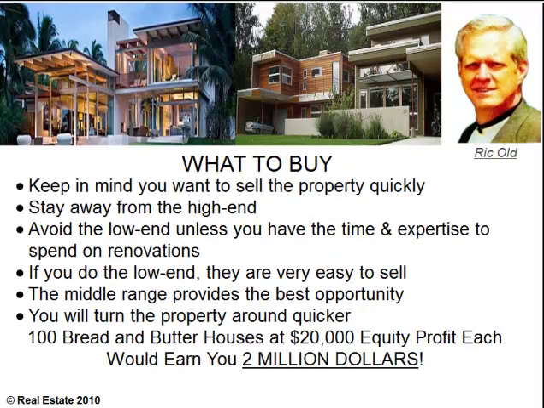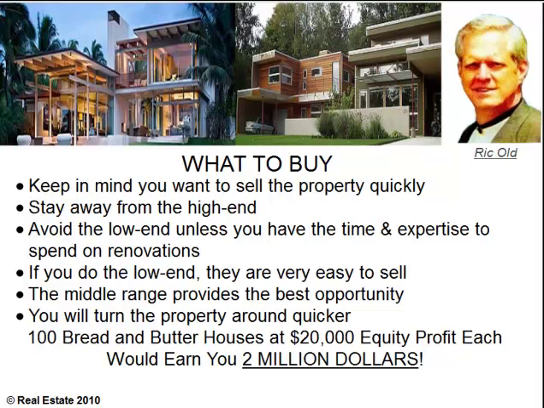Okay, now I want to talk about what to buy. Keep in mind you want to sell the property quickly, so I wouldn't necessarily be buying high-end property. I might even avoid low-end properties unless you have the time and expertise to spend renovating them. And if you can, the low-end properties can be very easy to sell if you know how.